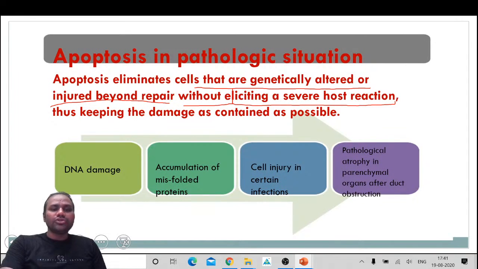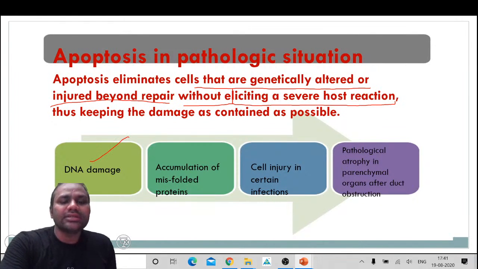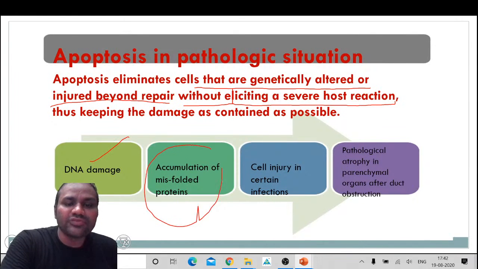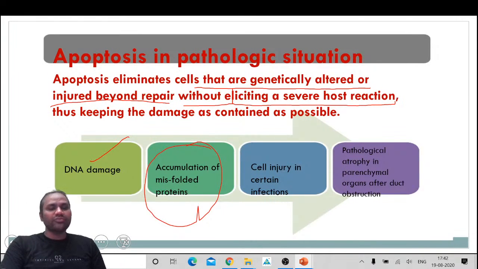What happens: DNA damage, another is accumulation of misfolded proteins, like in Alzheimer's disease, in cystic fibrosis, CFTR, Alzheimer's A beta proteins, or Parkinson disease, synuclein. Those accumulations can also result in apoptosis.